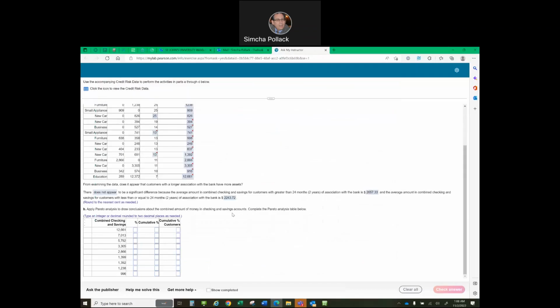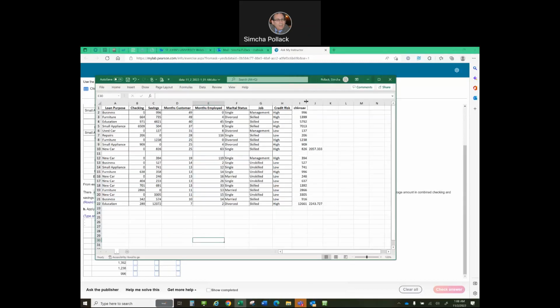They want to see a Pareto analysis, which means, is it true that if just a few customers hold most of the assets, or is it equally distributed throughout all the customers in the bank? To do that, you go through the following steps.